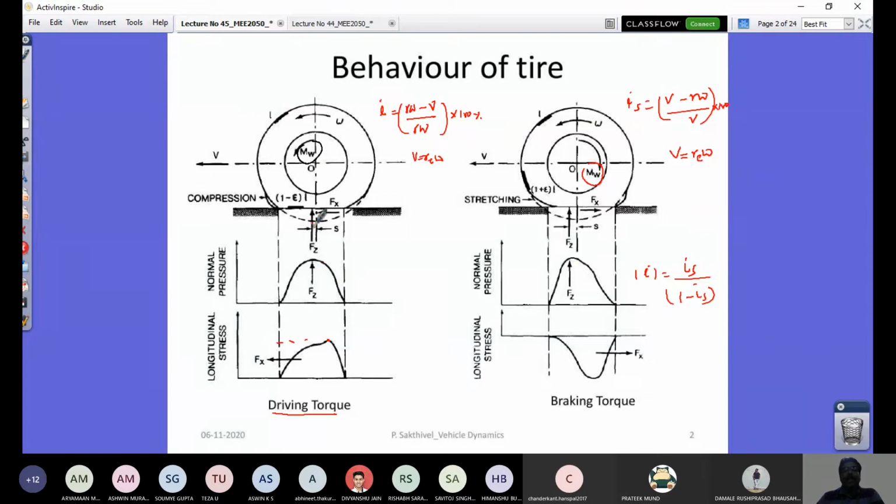And this would create additionally a moment called rolling resistance moment, and that is what is responsible for rolling resistance force. So keep that in mind, right?